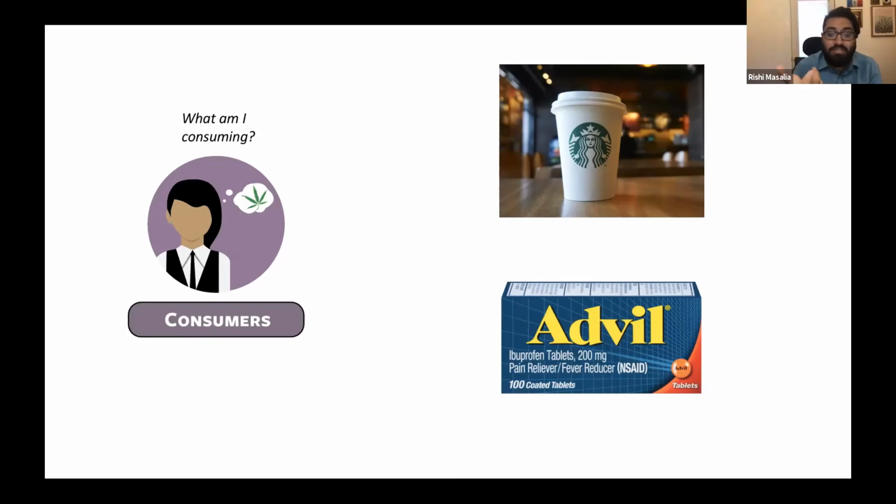As an example of what's happening in cannabis, one of the best ways I can describe this is: if you buy a bottle of Advil and open it, you're expecting Advil, with all the properties associated with Advil. But the equivalent in cannabis is you open a bottle of Advil and you find ibuprofen, you find Tylenol, you find things that are not even relevant, like cough drops.